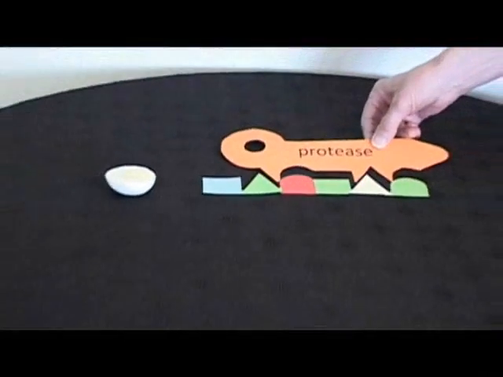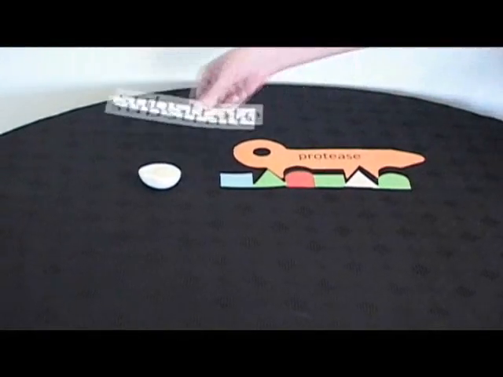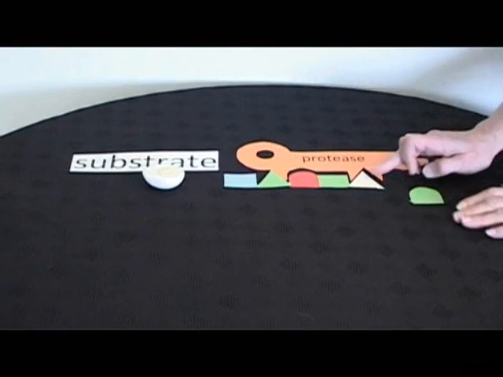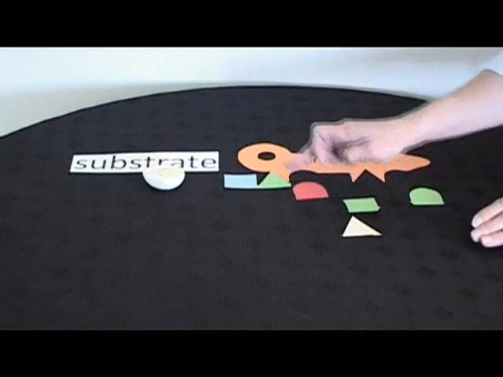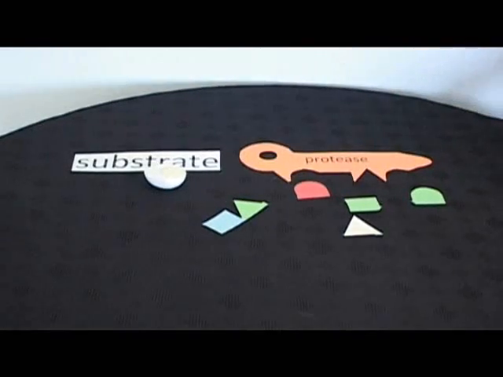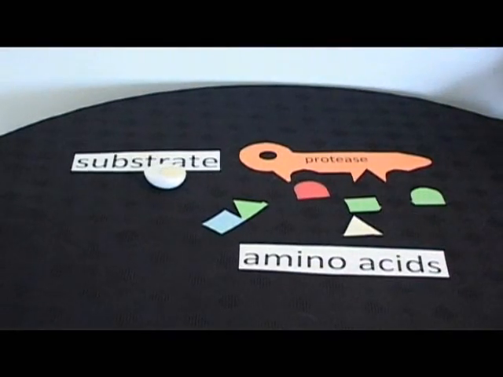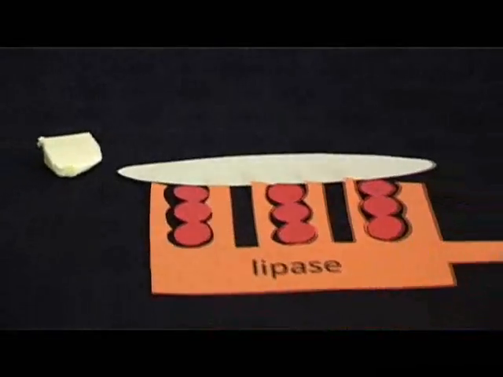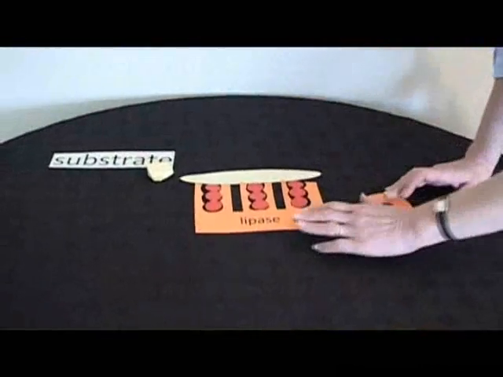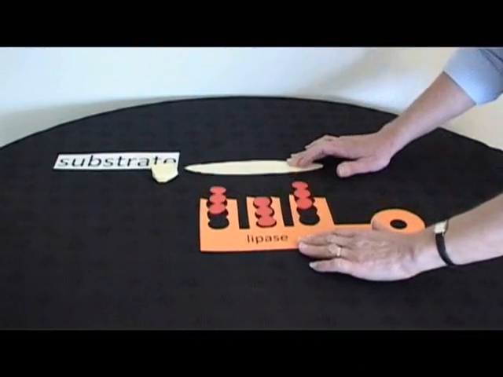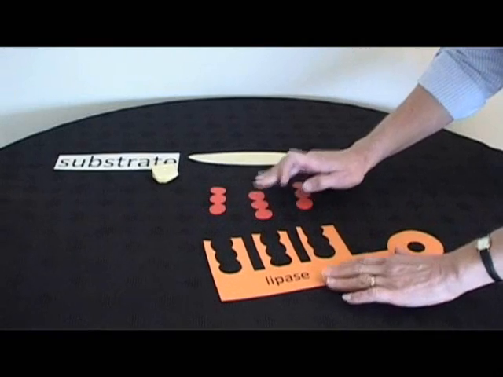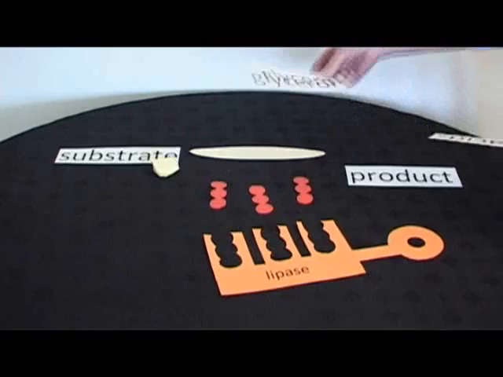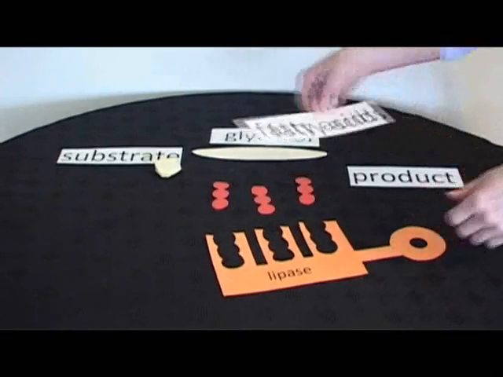Enzymes called proteases break down the substrate protein into amino acids. Amino acids are the products of protein digestion. Enzymes called lipases break down fats into products called glycerol and fatty acids.